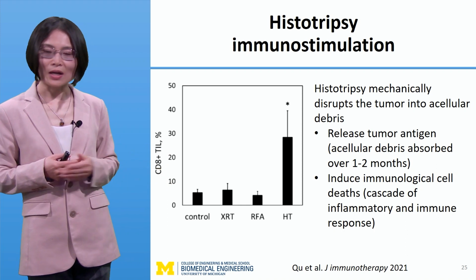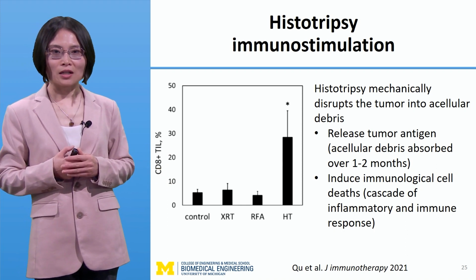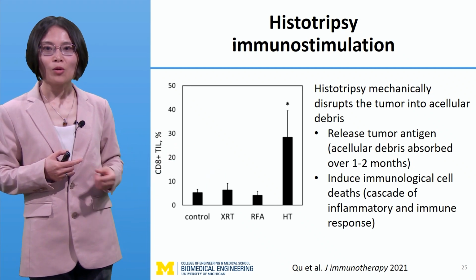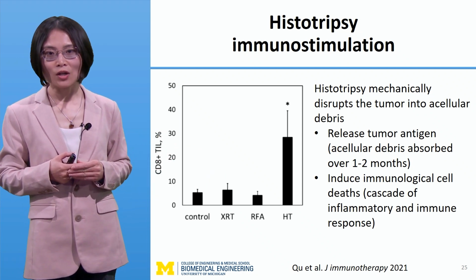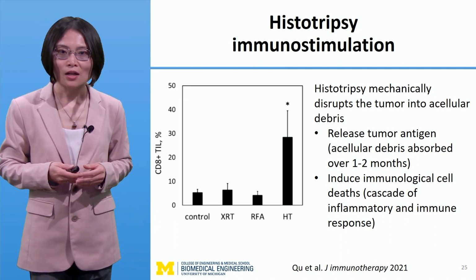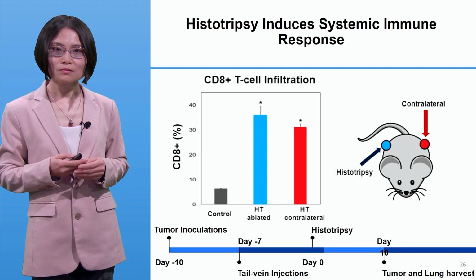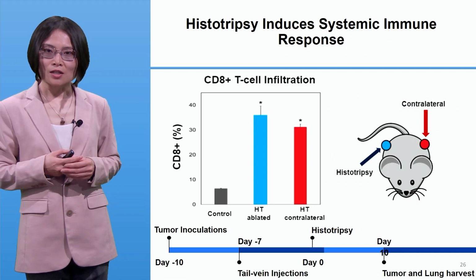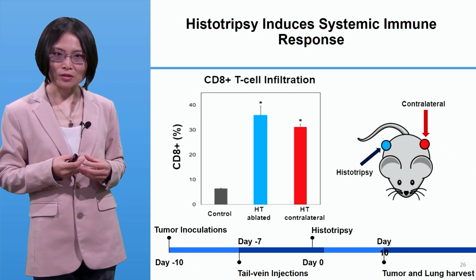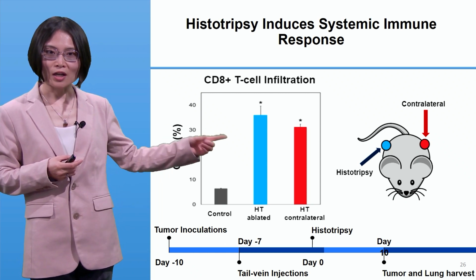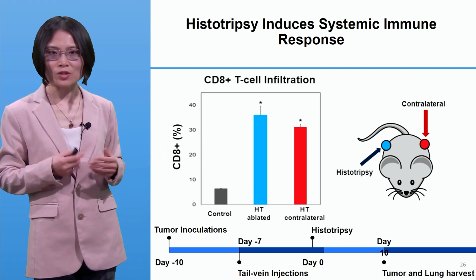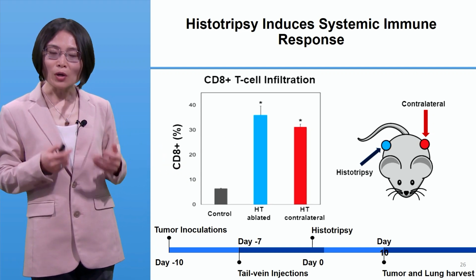A study done by Cliff Cho's group in collaboration with our group showed that histotripsy stimulates more CD8 plus T cells compared to radiation therapy or radiofrequency thermal ablation. Dr. Cho used a two-tumor mouse model and treated only one tumor with histotripsy, and the contralateral side was not treated.